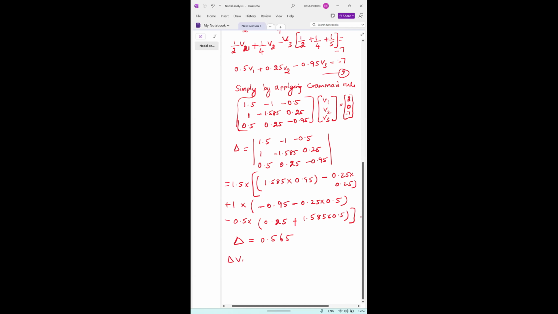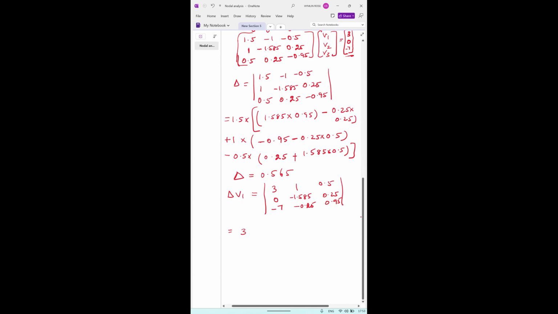Then what is del V1? For del V1, you have to replace the right hand side by the first column of the determinant. So it is 3, 0, minus 7, 1, minus 1.585, minus 0.25, 0.5, 0.25, 0.95.